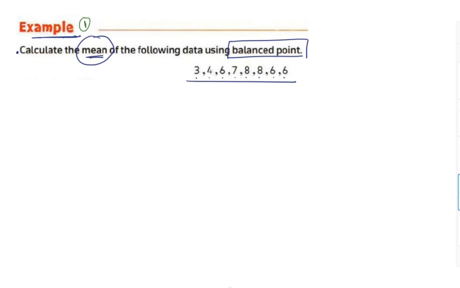Now I need to know what balanced point is. To find the mean using balanced point for any group of values like these, I will use a dot plot. All of us know what a dot plot is, just a number line like this.